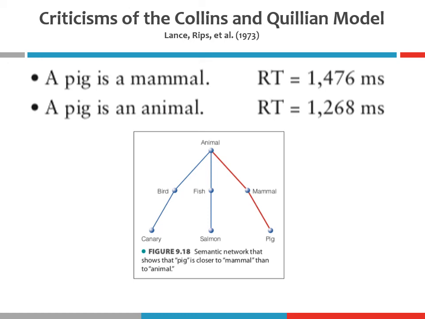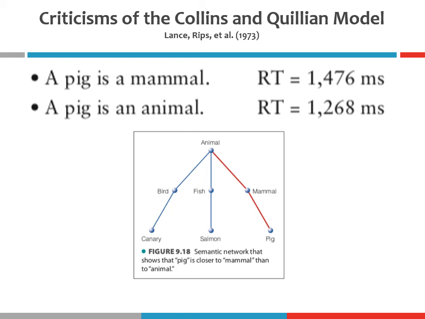So for example, Collins and Quillian showed that people are faster to say a canary is a bird than a canary is an animal, right? Because those nodes are closer together. So canary is closer to bird than it is to animal.